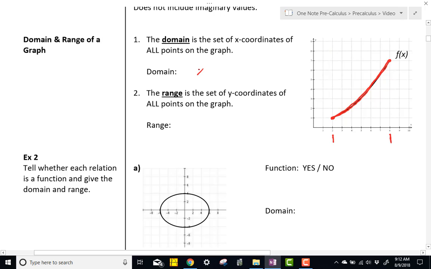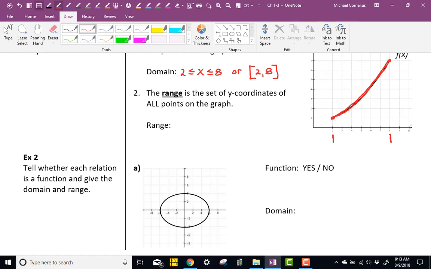You can say x is greater than or equal to 2, and at the same time it's less than or equal to 8. Or we can do interval notation where we do a bracket with a 2, 8 and another bracket. And basically what the bracket tells you is that the 2 and the 8 are part of the domain. If they weren't part of the domain, if there were open circles, we would use parentheses there, and we'll see that later on.